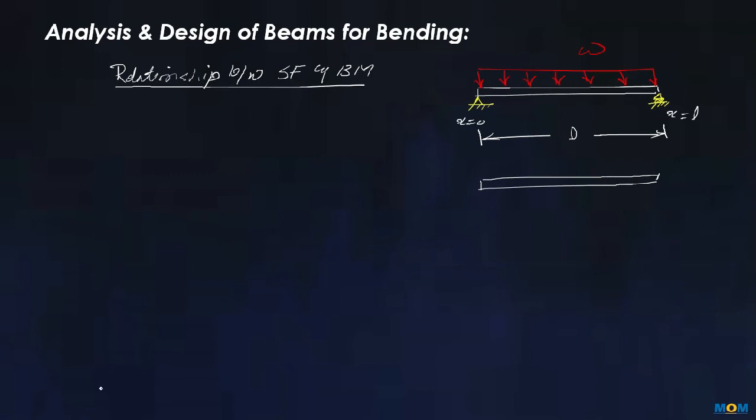let's say in this free body diagram, this is the reaction R1, and the reaction at B, that is R2, and this is subjected to the UDL of intensity omega.